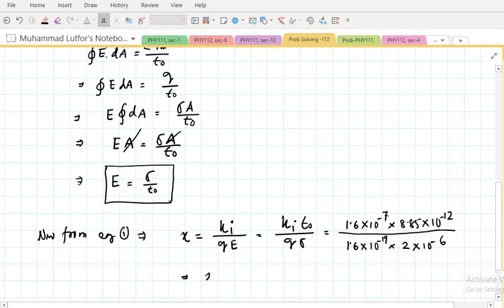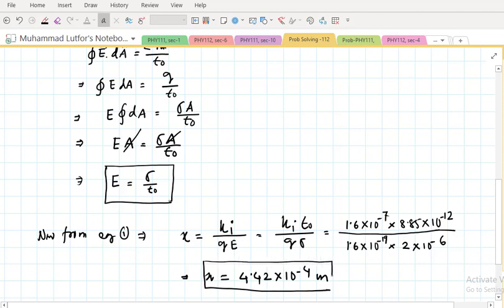Now if you solve this, you will find that this distance x would be 4.42 into 10 to the power minus 4 meter. So that would be the answer to this question.